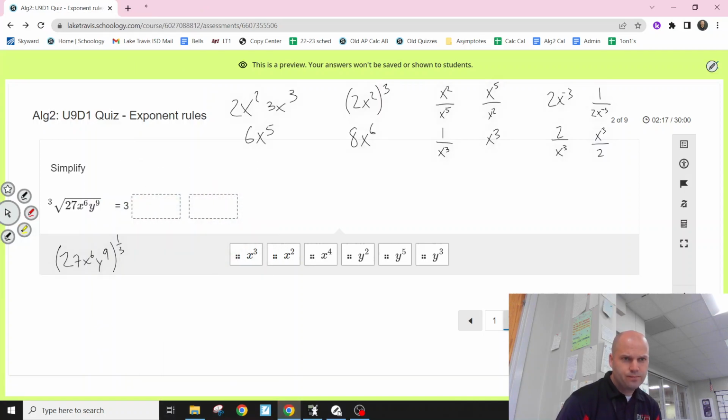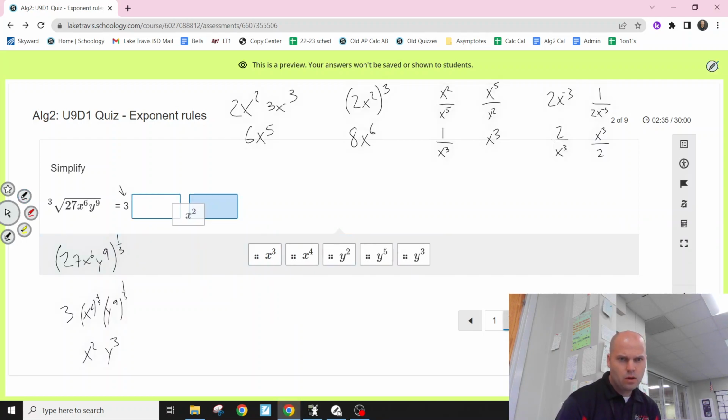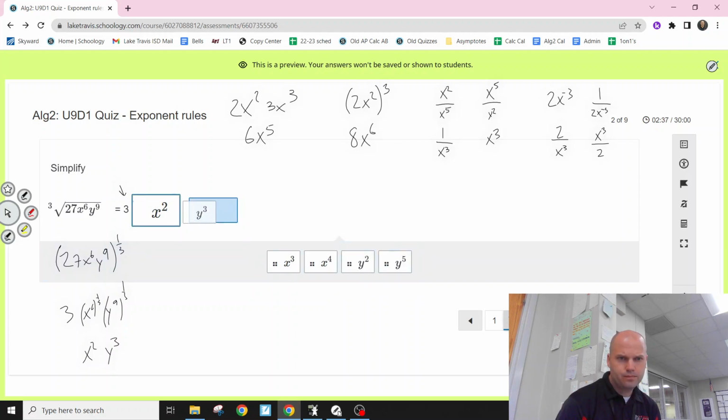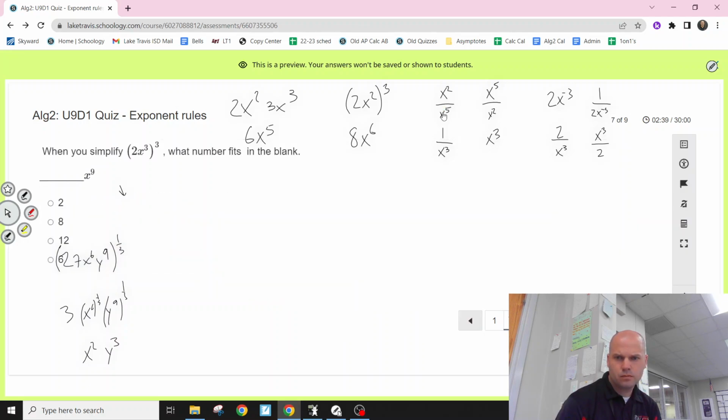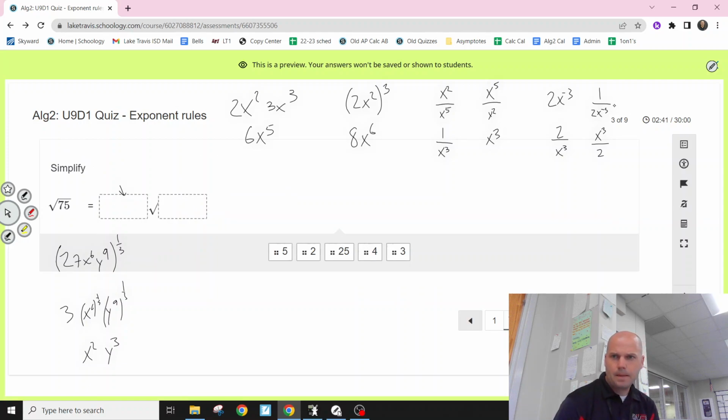And there's that 3. But then I have x to the 6th to the 1/3. I have y to the 9th to the 1/3. Multiply 6 and 1/3, you get 2. Multiply 9 and 1/3, you get 3. So this would be x squared y cubed. Okay.